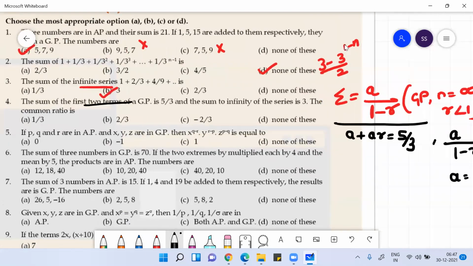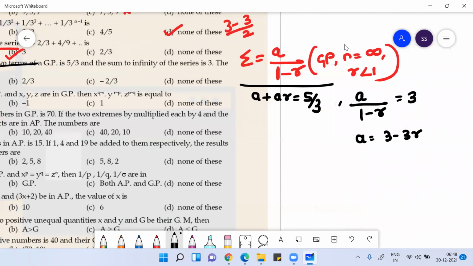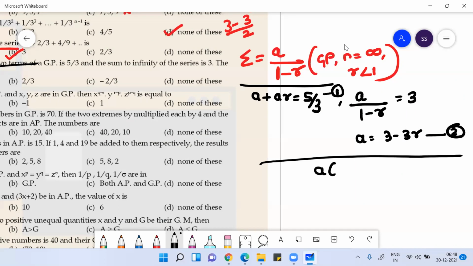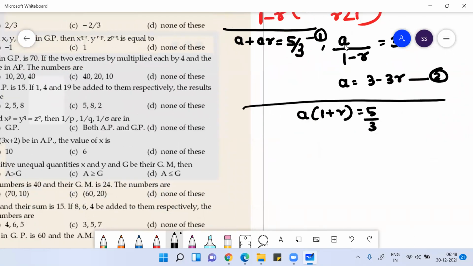Here what they are asking is the ratio. So if you put the second equation into the first, you know that A into 1 plus R is 5 by 3, and here A is 3 into 1 minus R. So 3 into 1 minus R into 1 plus R is equal to 5 by 3.